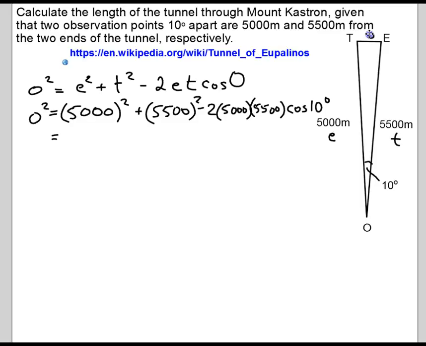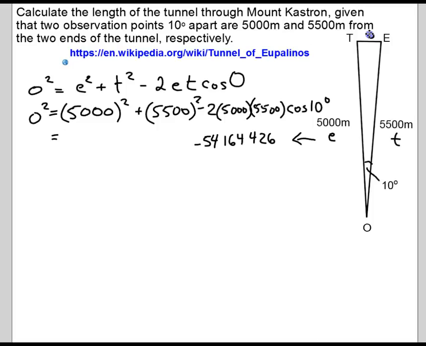I work from the end of the formula backwards: I evaluate the cosine of 10 degrees, multiply that by 5,500, multiply that by 5,000, and then double that, and I would get a pretty large number, approximately 54,164,426.